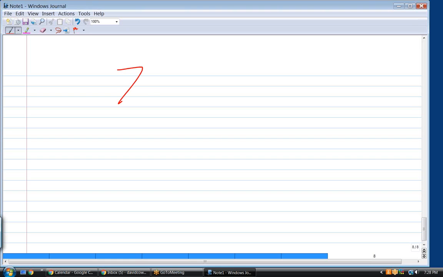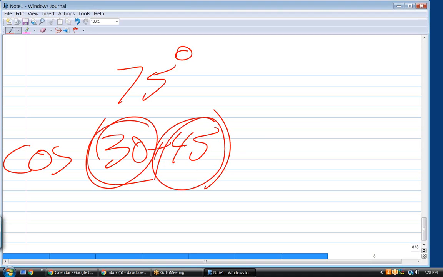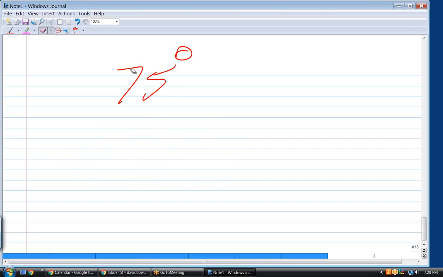Like I can do 75 degrees only because that's the sum of 30 plus 45, and there is a trig identity that tells me when I take the cosine of the sum of two angles, I can put my answer in terms of cosine and sine of those angles only. But you haven't gotten to that yet. So there are going to be some angles you'll be able to figure out without a calculator that are not multiples of 30, 45, or 90.